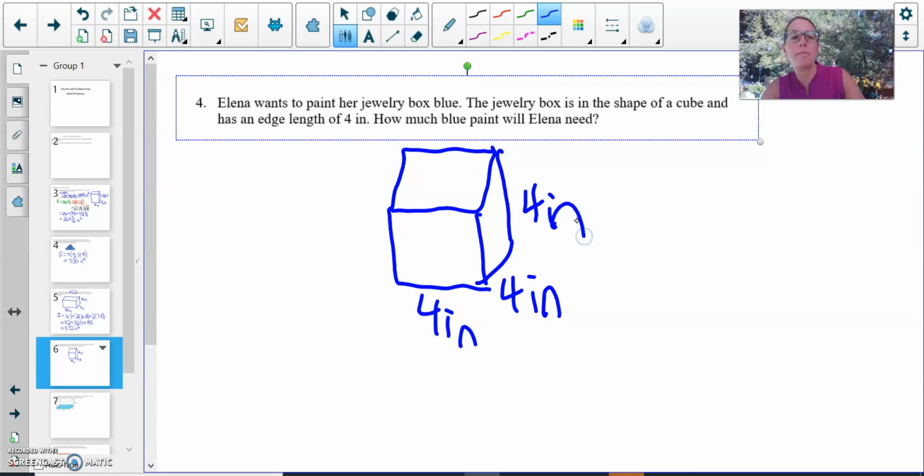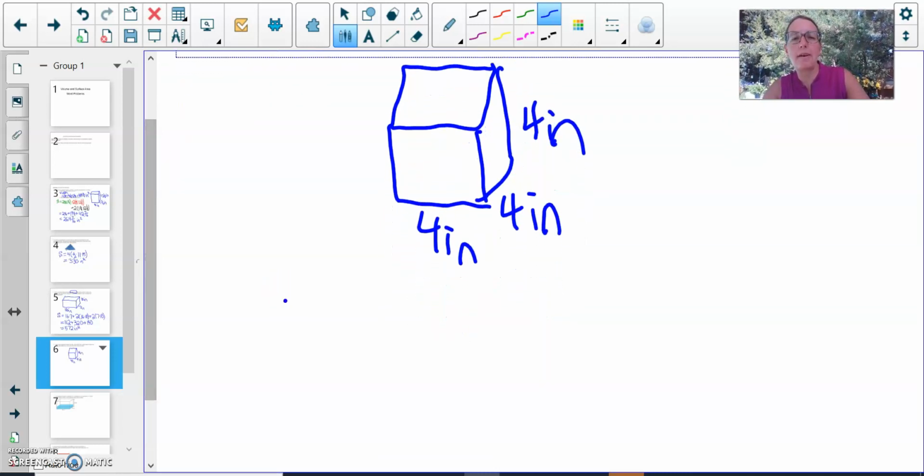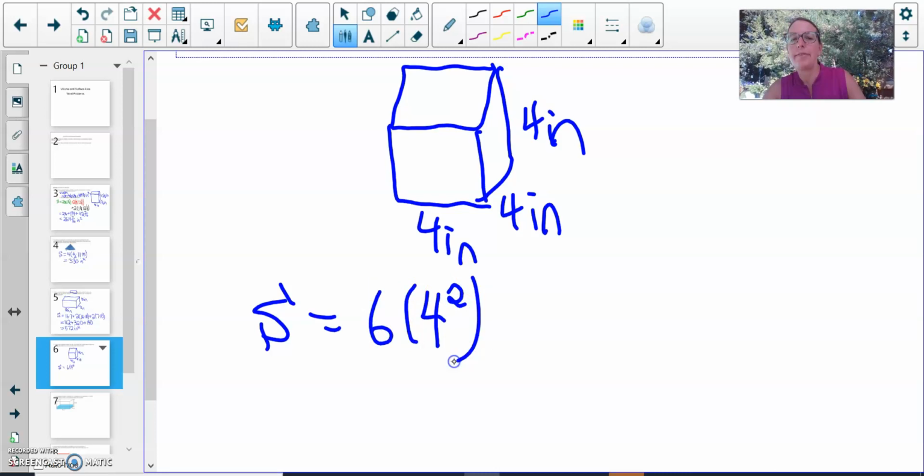She's covering it with paint, so they're asking me to find surface area. Because it's a cube, I know there are 6 faces, top, bottom, front, back, left, right, and each of those 6 faces has the same area of 4 squared. Multiplying it out, I get 96 inches squared.